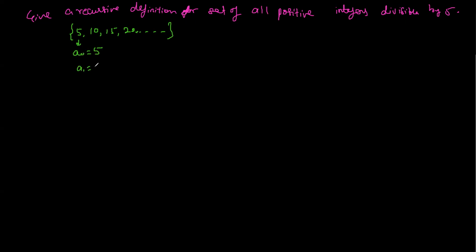The first term will be the initial condition plus 5. The second value is a1 plus 5. The third term will be similar, and so on.